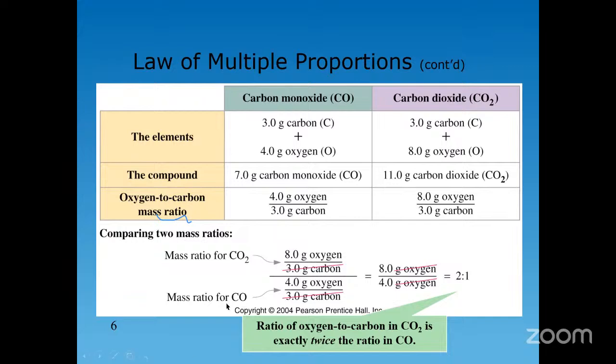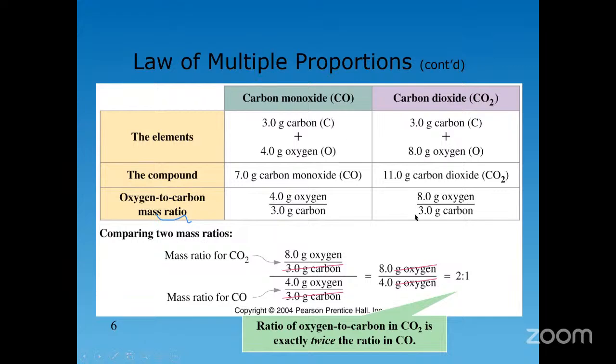So what you'll find if you do the respective measurements is that in the formation of carbon monoxide, 3 grams of carbon will react with 4 grams of oxygen. In the formation of carbon dioxide, 3 grams of carbon, the same mass as over here, will react with 8 grams of oxygen, right? So one can see that there's a relationship between the masses of oxygen that will react with the same mass of carbon, right?